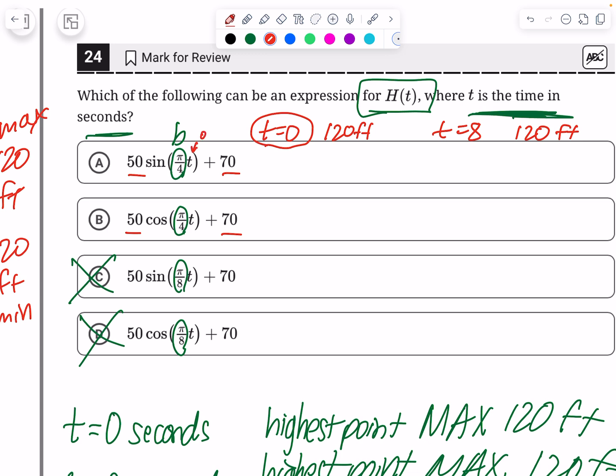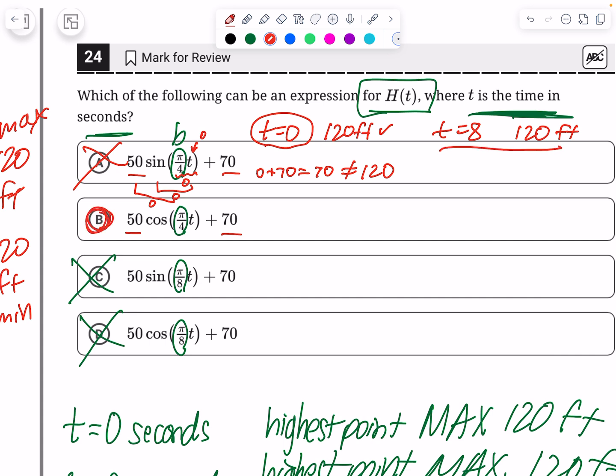Anything times 0 is 0. And then the sine of 0 is 0, and any number times 0 is 0. And then 0 plus 70 is 70, and that is not equal to 120. So already we know this didn't work out for the first one, so we don't even need to bother checking it for the second one.